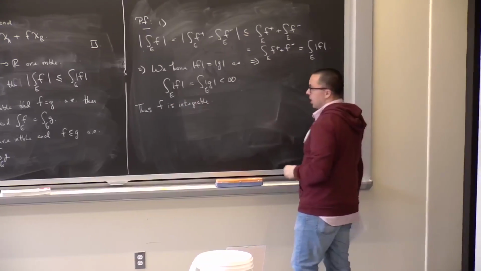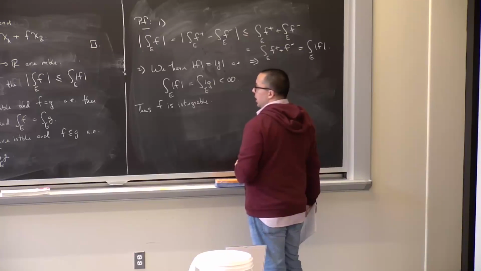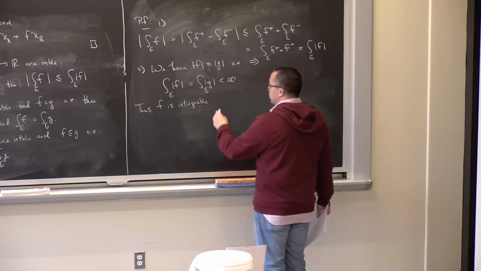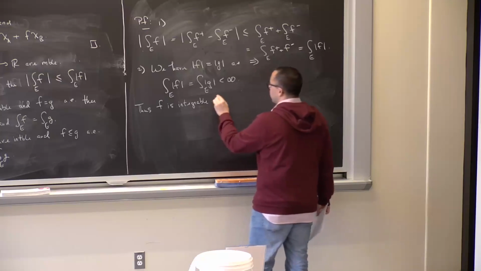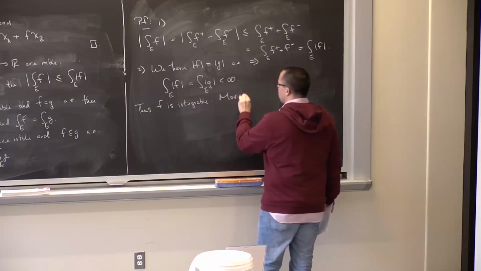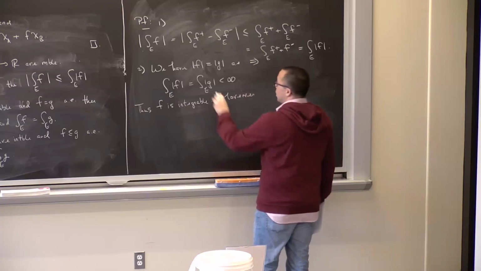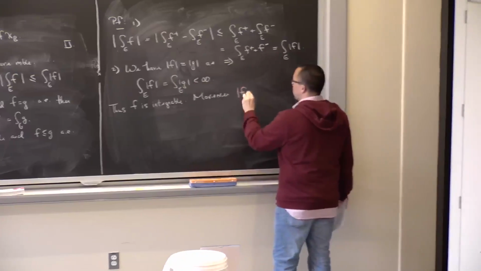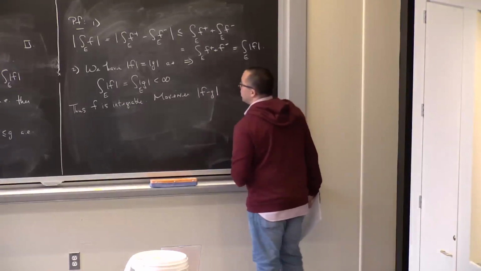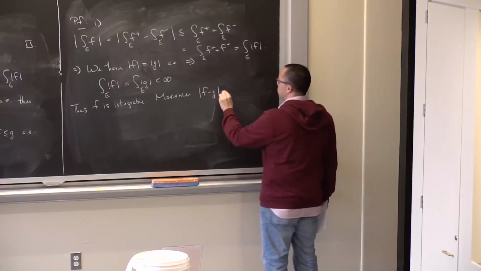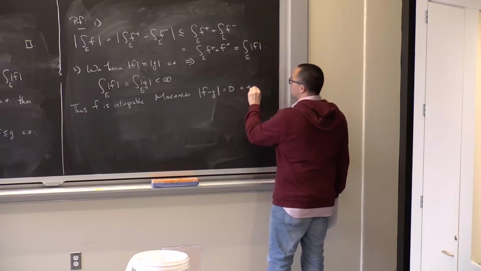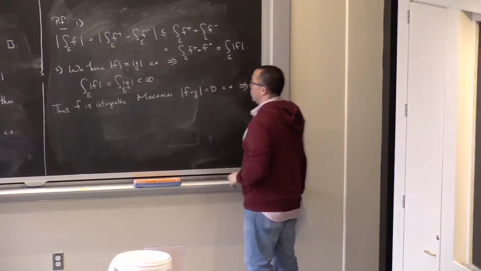Now, why does the integral of f over E equal the integral of g over E? So, since f equals g almost everywhere, f minus g in absolute value is equal to 0 almost everywhere.